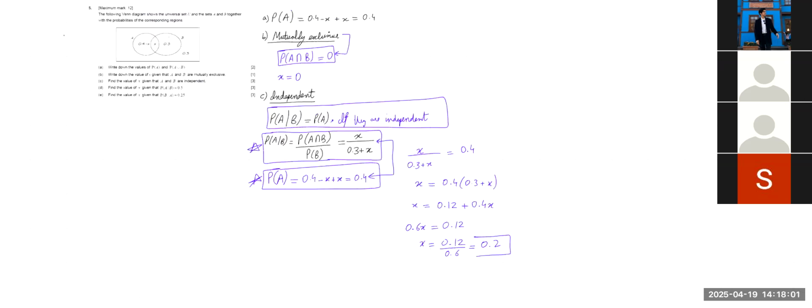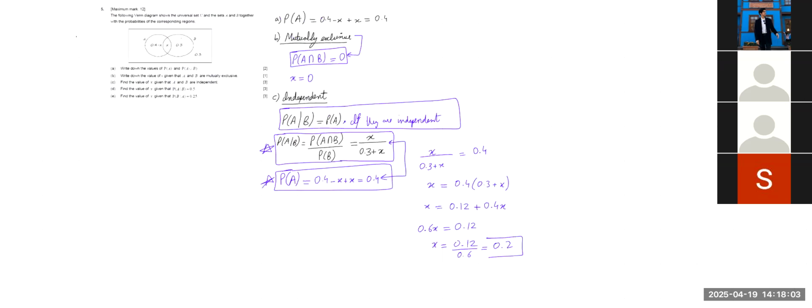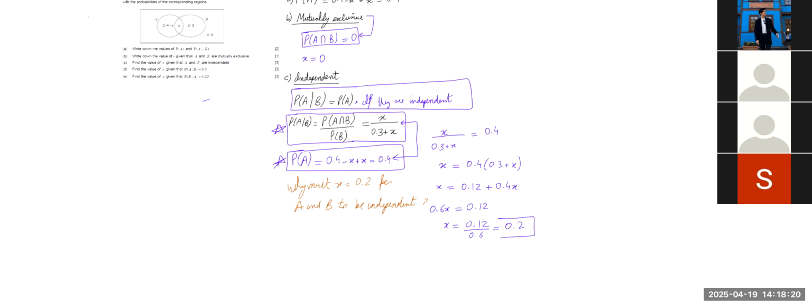Okay? Let me show you why. Why must x be 0.2 for A and B to be independent? Because if x is 0.2, the conditional probability of A given B will be 0.2 over 0.5, according to this formula, which is 2 over 5.